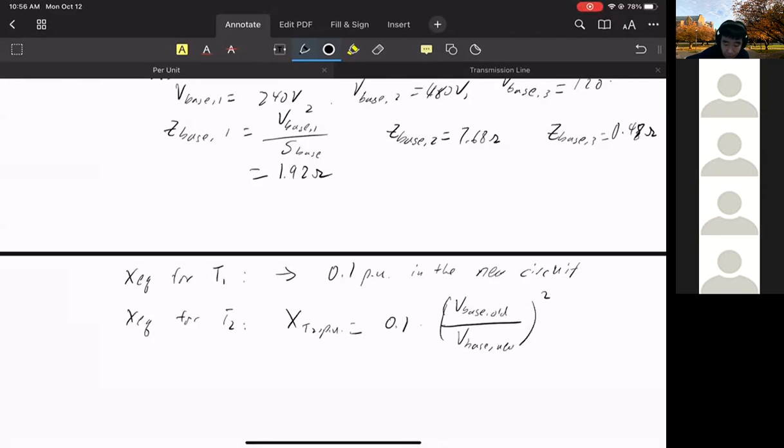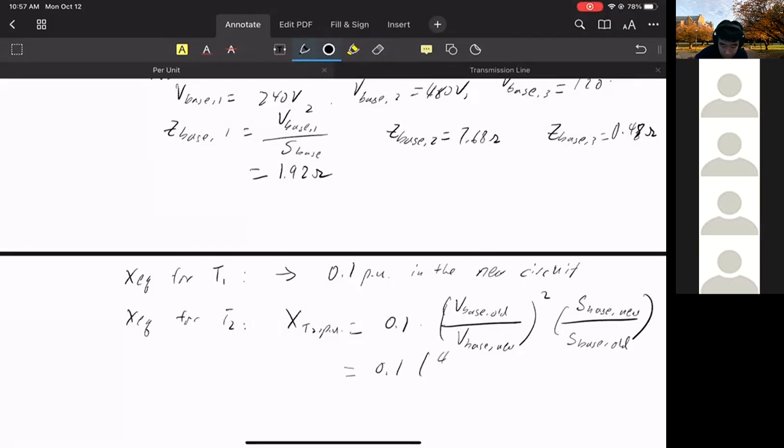If you look at the equation from last class, divided by the new base, times the new power divided by the old power base.